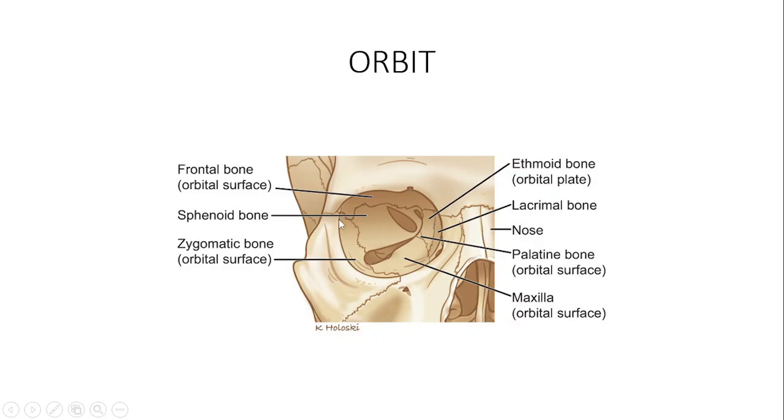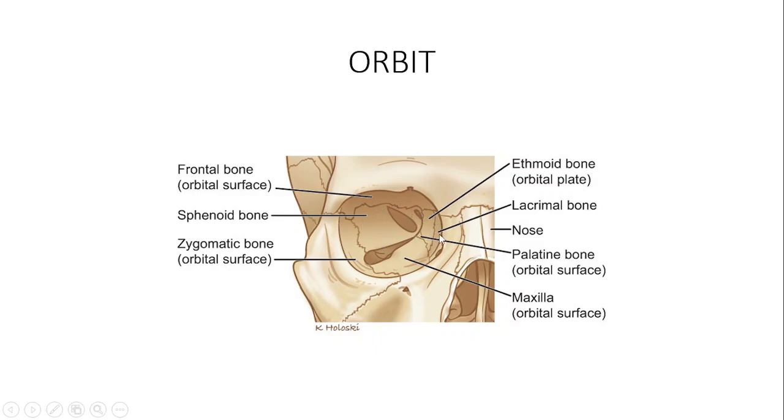Now, let's talk about the orbital apex syndrome. Look, this is the optic canal. The optic canal transmits the optic nerve. In orbital apex syndrome, apart from all the structures which we have just mentioned, which are affected because they pass through the superior orbital fissure, in addition to that, you have the optic nerve getting affected.